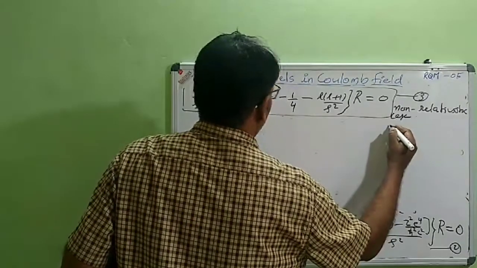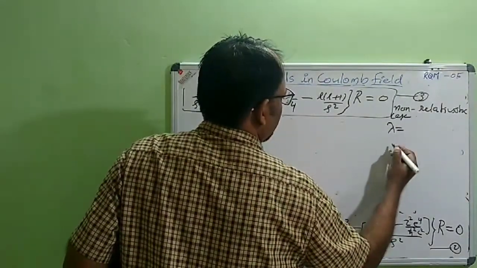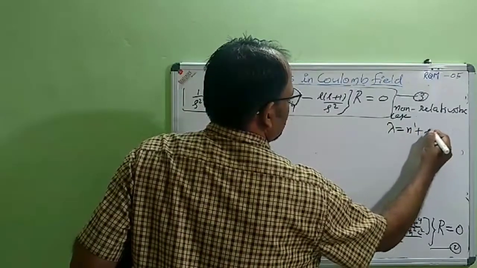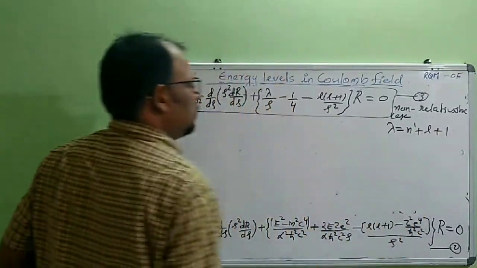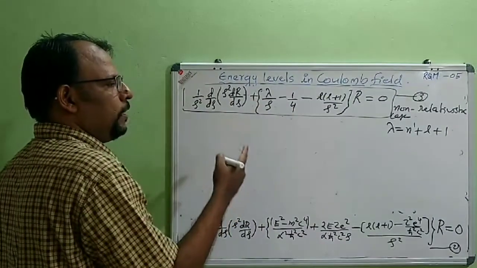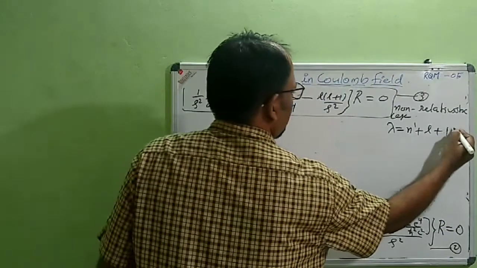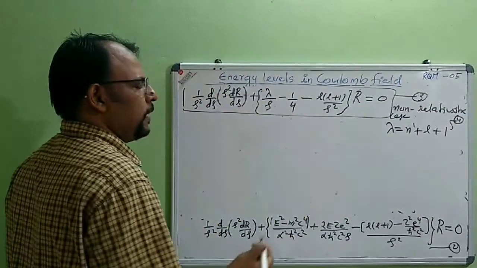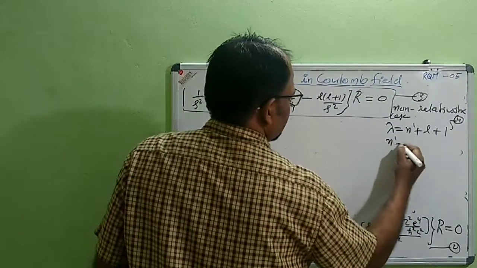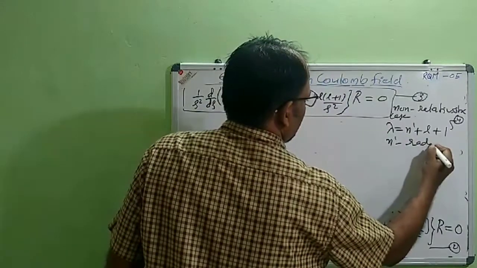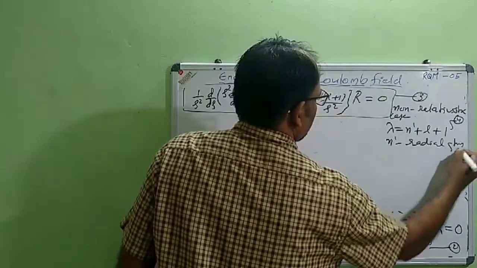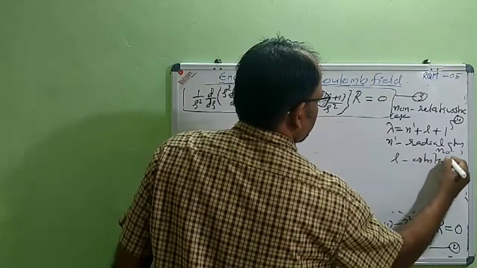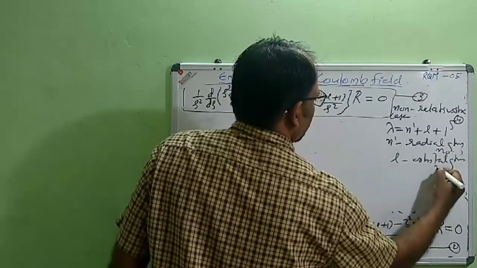There we have obtained lambda as lambda equal to n dash plus L plus 1. On solving this equation, we have already obtained the expression for lambda as lambda equal to n dash plus L plus 1, where n dash is radial quantum number, L is orbital quantum number.